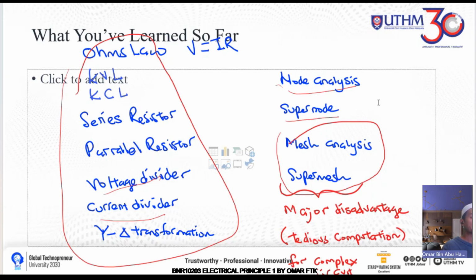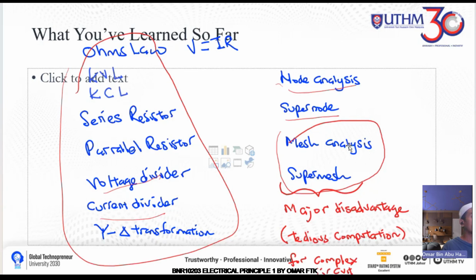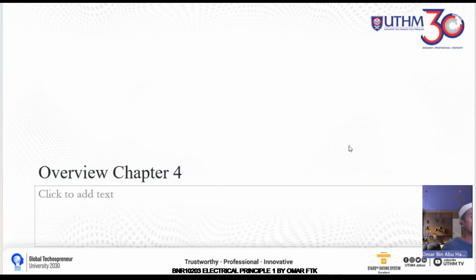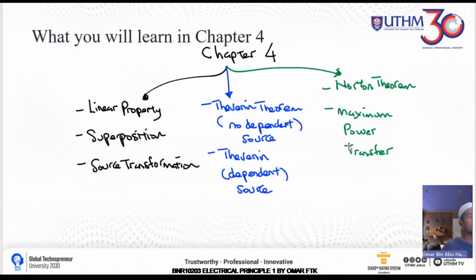Okay. So for today, we're going to look into chapter 4. Chapter 4 consists of the superposition topic and the linear property. Actually, the linear property is just the base which relates to these two.